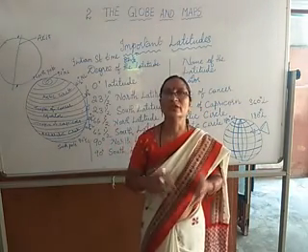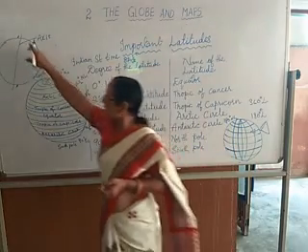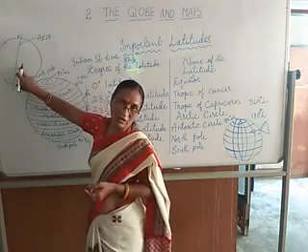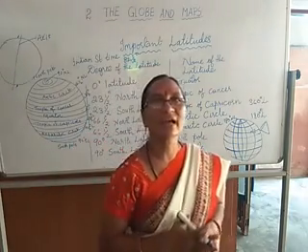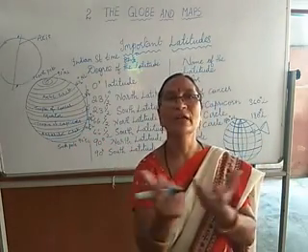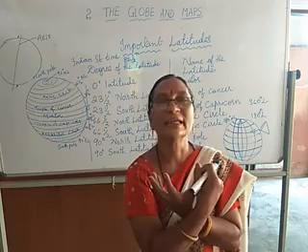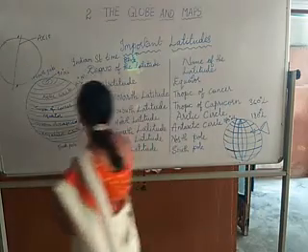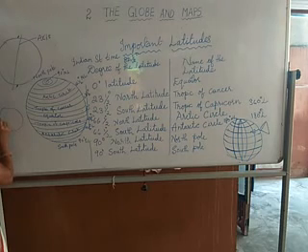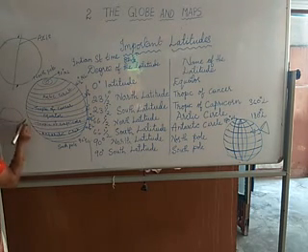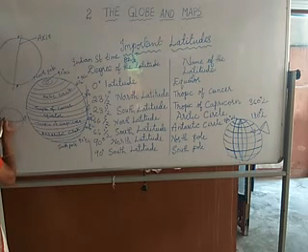And now, an imaginary line which is passing through the middle of the globe is called the equator. Suppose this is a globe. The line passing through the middle of the globe is the 0 degree latitude and it is called the equator.